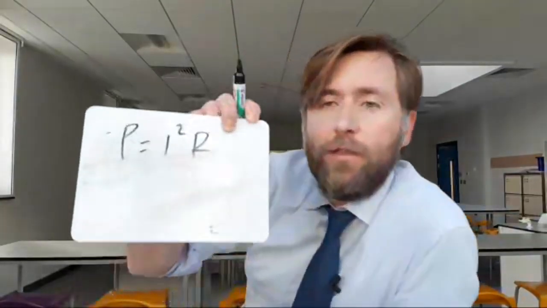Yeah, the thing that people didn't get well was the heat loss by I²R power. So hopefully you know the equation for electrical power, which is current times voltage, but you can also make I²R by substituting in Ohm's law.